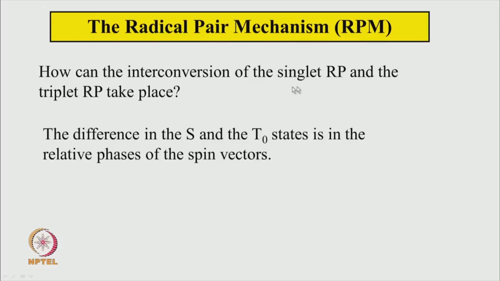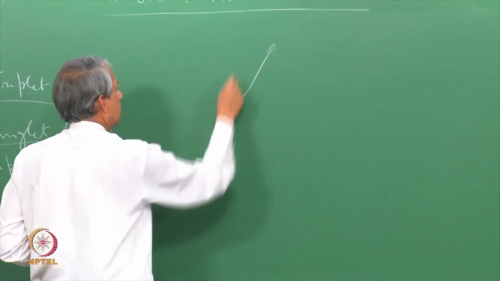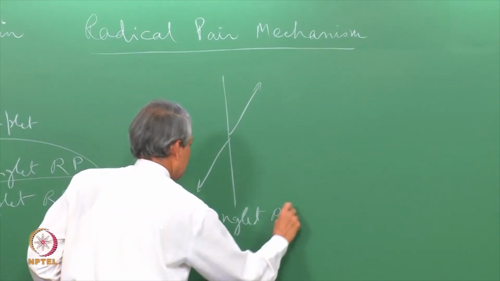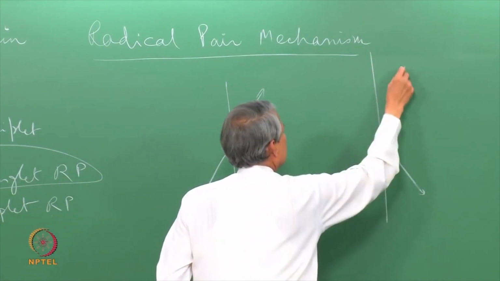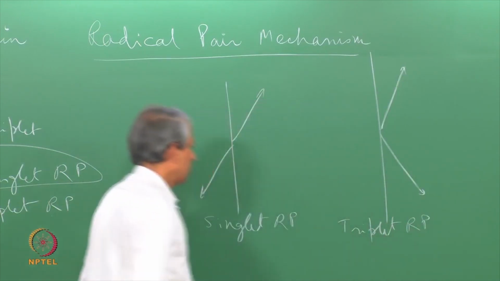How can the interconversion of the singlet RP and the triplet RP take place? The way these relative orientations are, it is not easy to visualize that this can flip over to this or this. On the other hand, these two seem reasonably similar. What I mean by reasonably similar is that one spin is in this fashion, the other is this way. So, this is the singlet RP, and the second one is just this and this, the triplet RP.